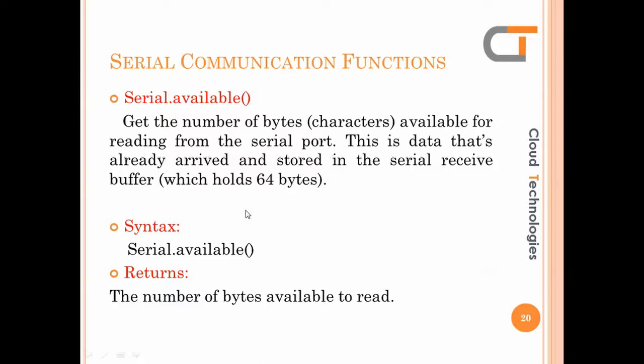Here we can see the syntax, Serial.available. It returns the number of bytes available to read. So if no data is present, it will return 0. If for suppose we have 10 bytes of data, then it will return 10. Like that we can check whether there is any data from a serial device or not by using this Serial.available function. So this is about Serial.available.